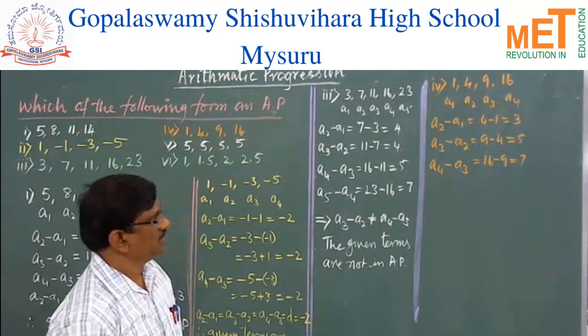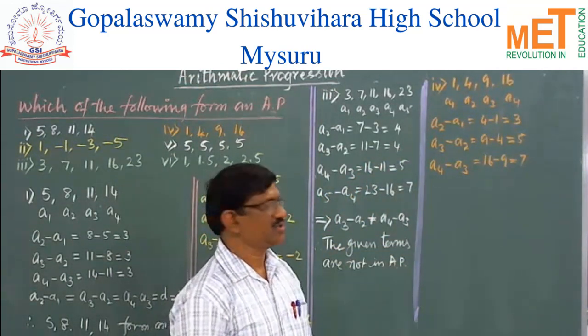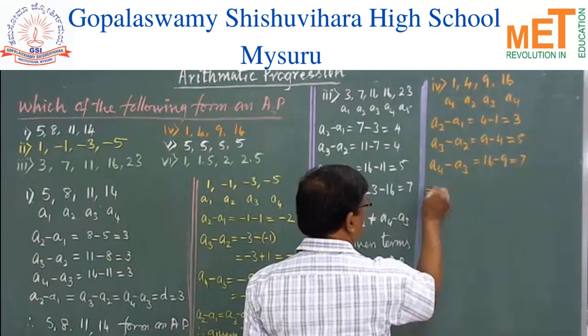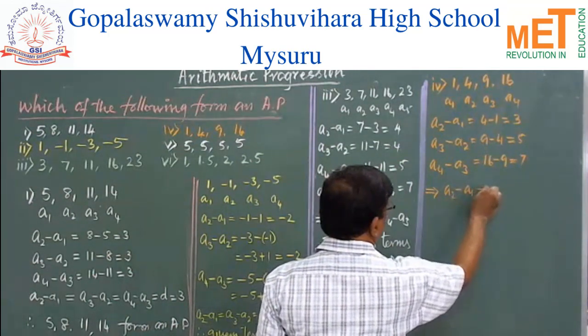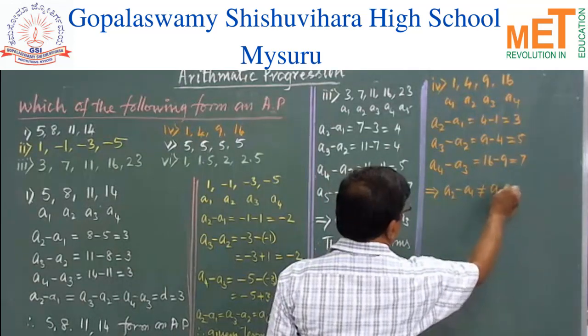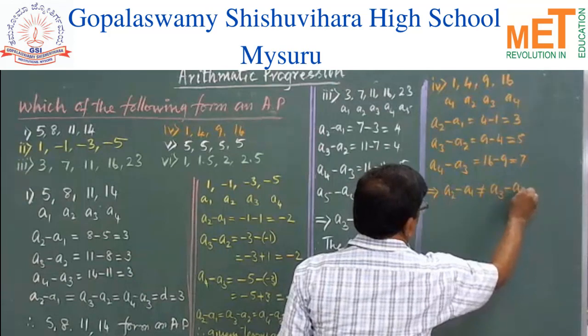Now, can you find out the common difference in them? No, isn't it? So therefore, that implies that A2 minus A1 is not equal to A3 minus A2.